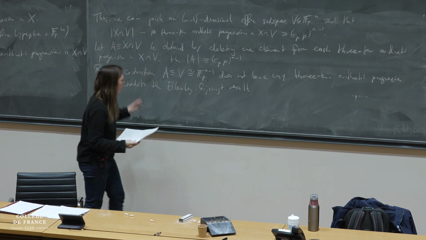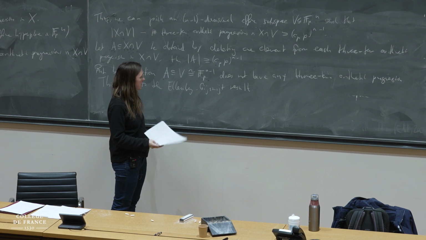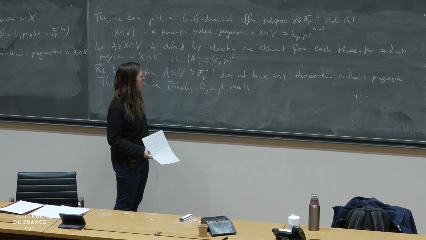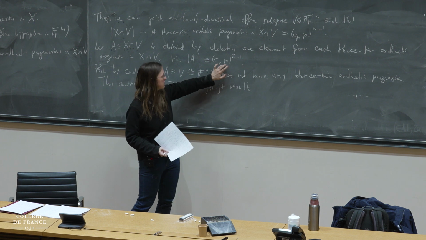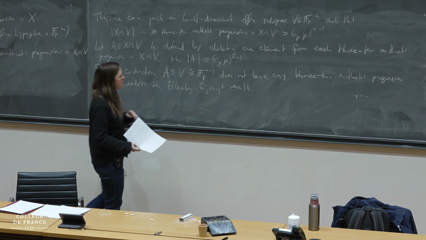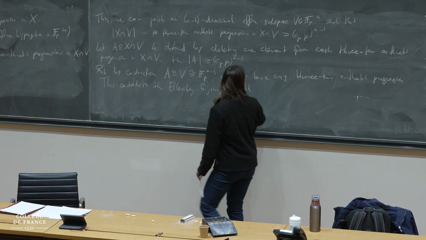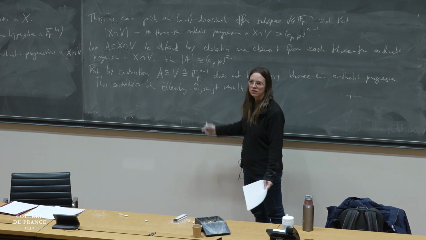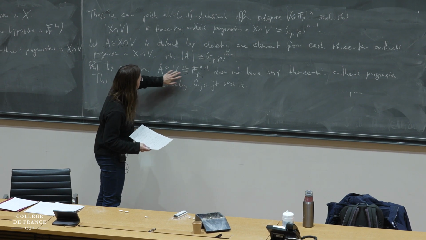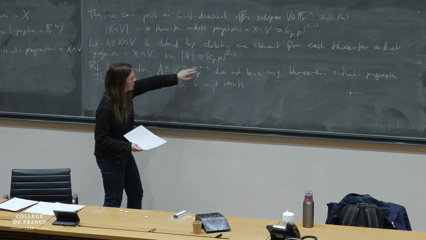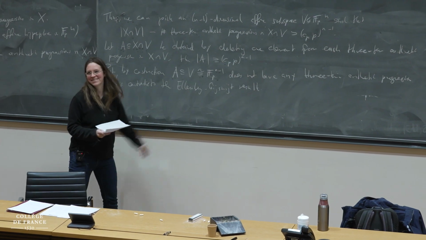Just for recapitulation, it says that in Fp to the n, a set without a three-term arithmetic progression has size at most Cp times p to the n. Here we apply it with n-1, so we get Cp times p to the n-1 as an upper bound for the size of any set without a three-term progression, but here we have such a set which is larger, so that's a contradiction. One technical remark: that affine isomorphism is very important, since it preserves three-term progressions.